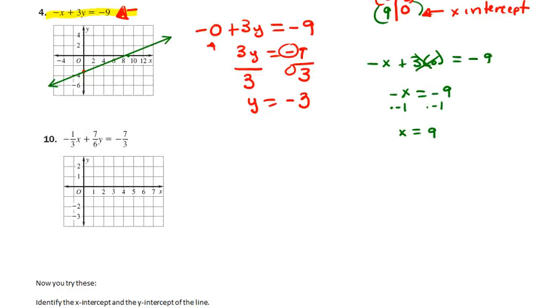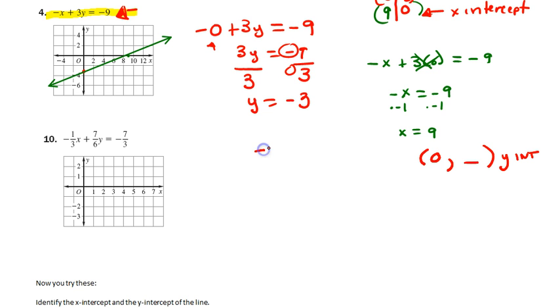Now let's do one last example. Right, here's another equation, and I'm looking for my x and y-intercept, and then I'm going to graph it. So I know that one of them is 0 for x, so this would be my y-intercept. So I'm going to start with that one.